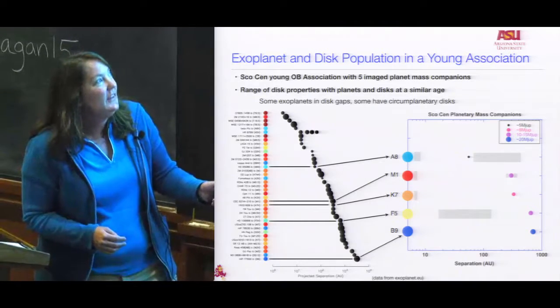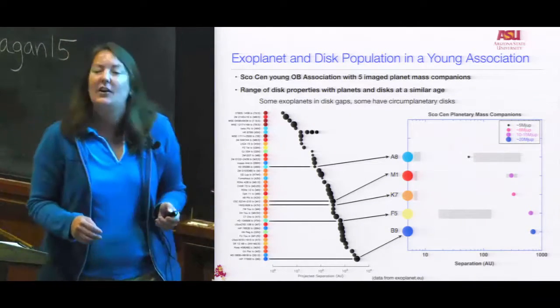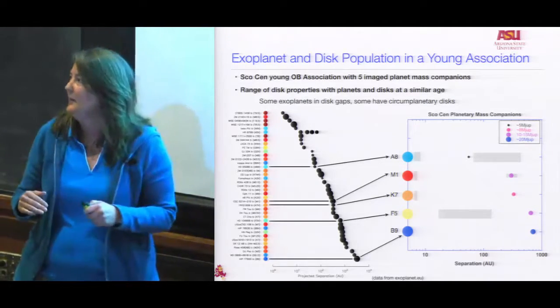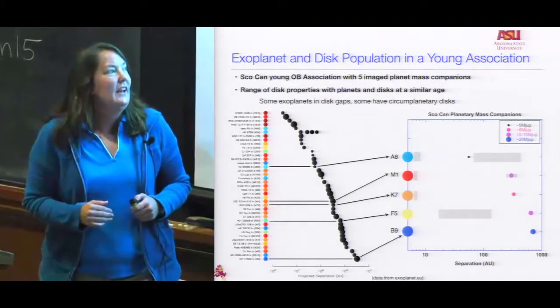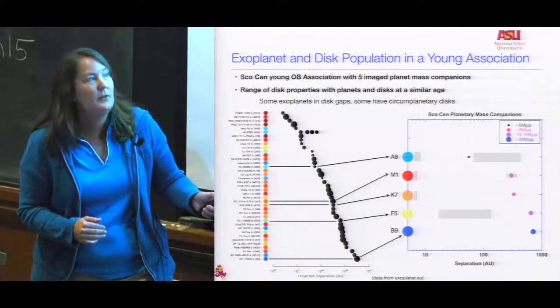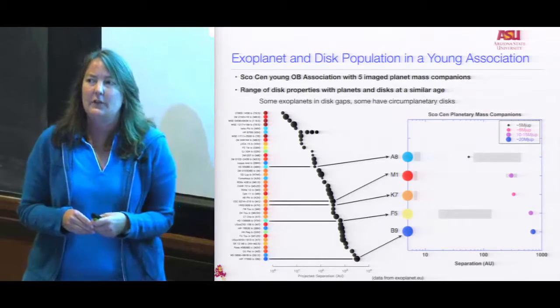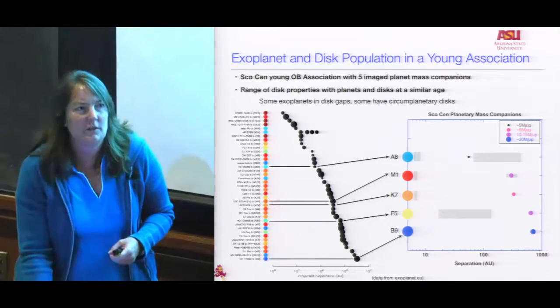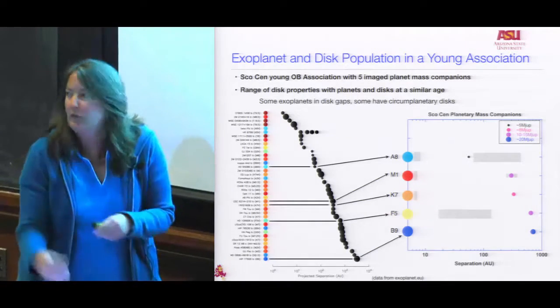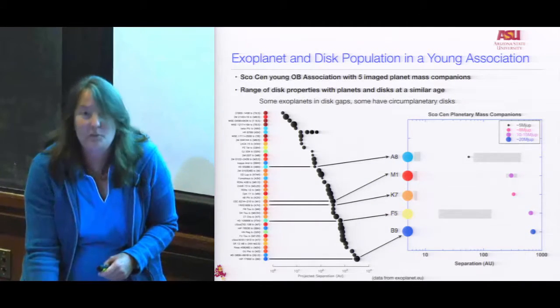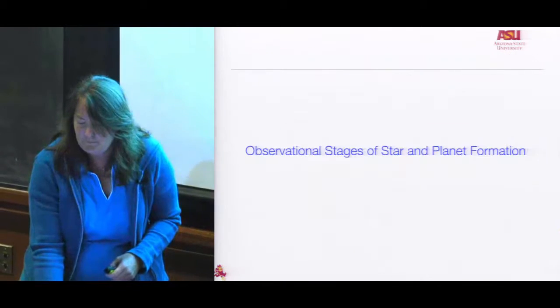In some cases, they have interesting gaps that are modeled as individual single gaps, possibly two gaps. And in some cases, the companions themselves even have indications of disk material around them. This may give us information to understand: are the planets forming in the disk? Are they forming independently? And give us some indication of their starting point.